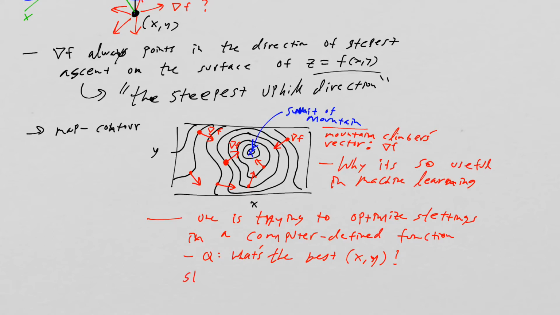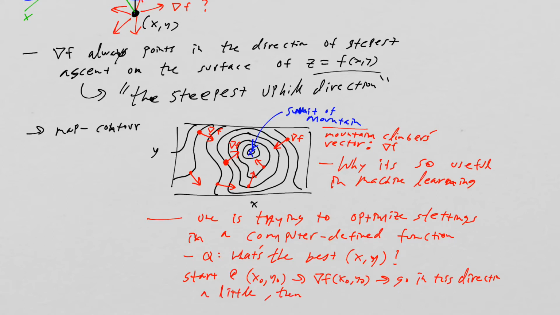But the idea is that you start somewhere at X naught and Y naught, and then compute grad F at X naught, Y naught, and then you go in that direction a little.